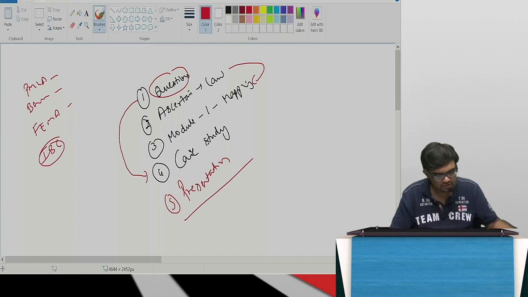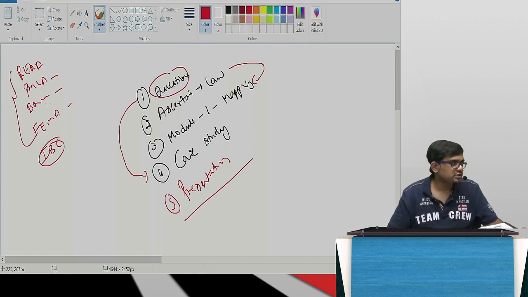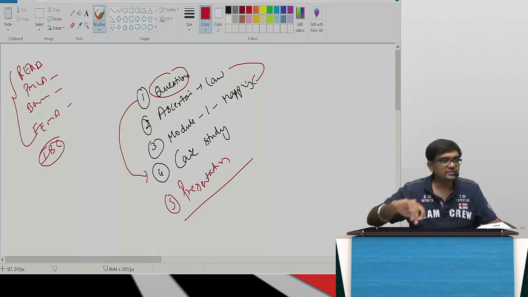So in case study 2 you have FEMA, RERA, PMLA, Benami, so 4 things already covered in this particular question. Got it? So this is how your case studies will be. They'll mix and match everything and give it to you.